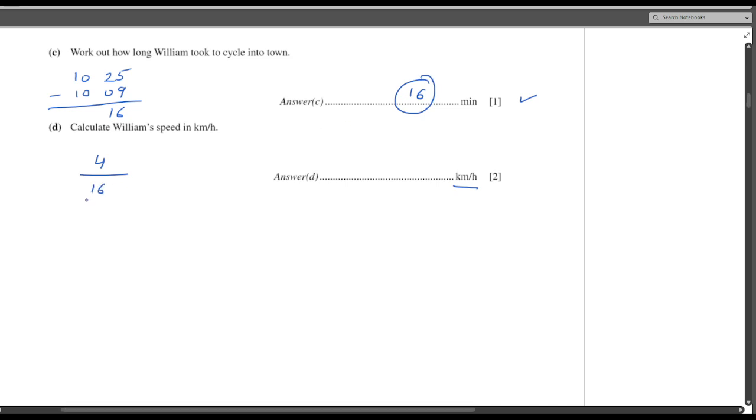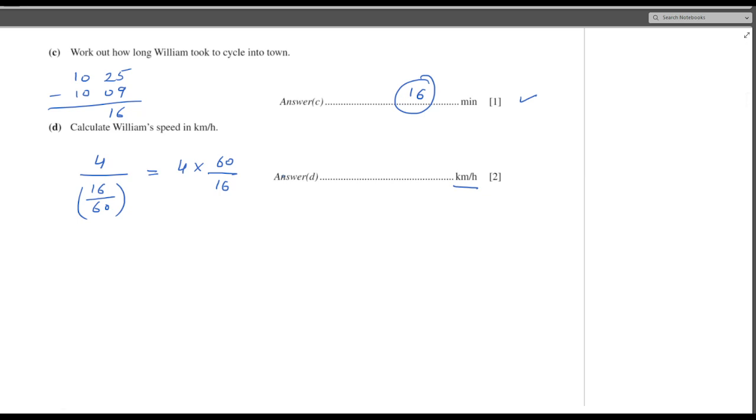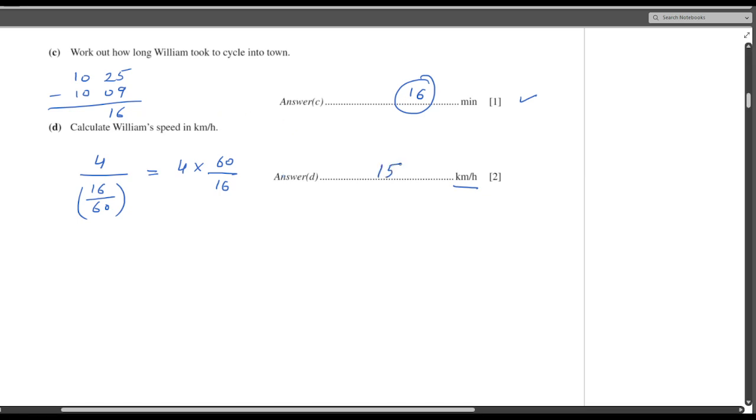So 16 divided by 60 is the time in hours. The simplification will be 4 times 60 divided by 16, and your answer will be 15. So here our answer is 15 kilometers per hour.